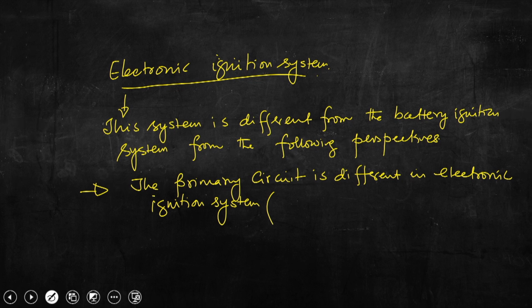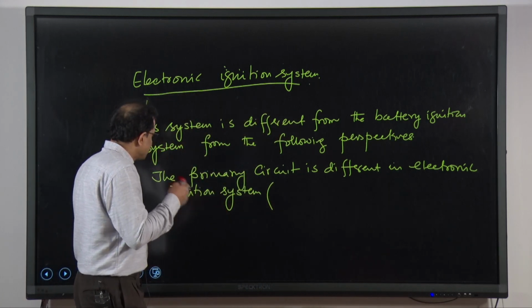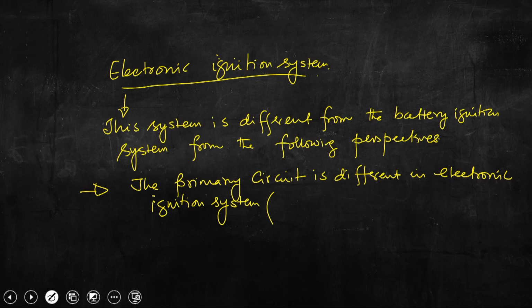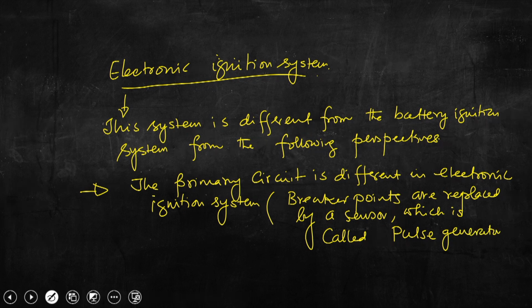This circuit is different in the electronic ignition system from the perspective that the breaker points are replaced by a sensor, which is called the pulse generator or trigger.